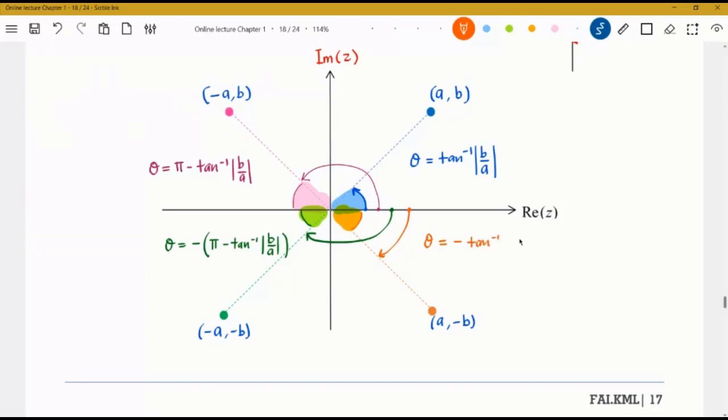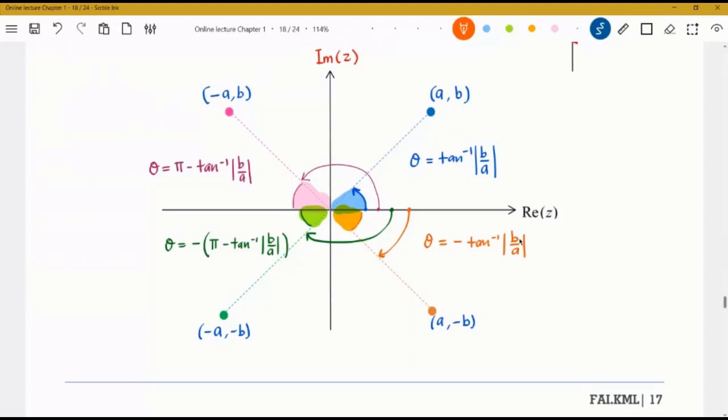Inverse tangent modulus B over A. Okay, so basically kamu hanya perlu hafal dua formula ni je. First quadrant dan juga second quadrant. So untuk third dengan fourth, kamu hanya letak negative sign dekat luar. Okay, is that clear? Boleh nampak macam mana? Boleh. Okay, alright.